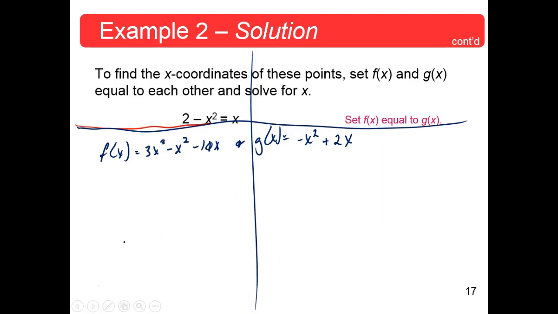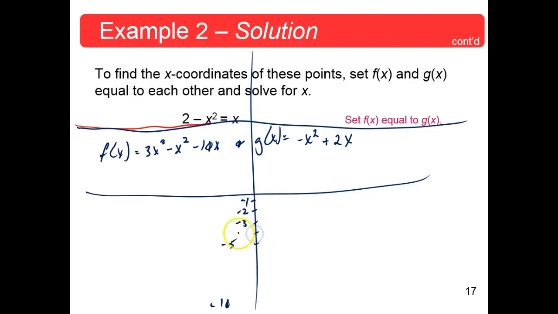I'm going to cheat a little bit, and this is going to be awfully crowded, I promise you that. Let me see what ranges we need to deal with here. They say from minus 10, so this will be minus 5, minus 3, minus 2, minus 1, okay, minus 4.